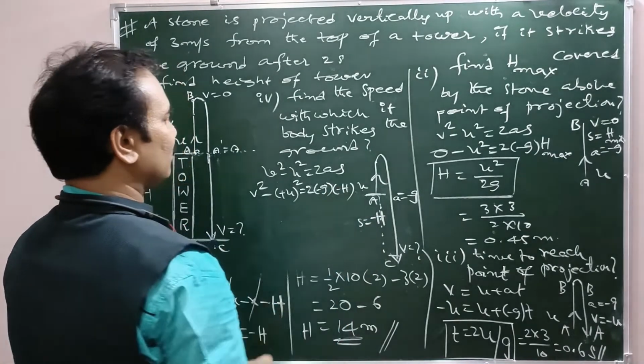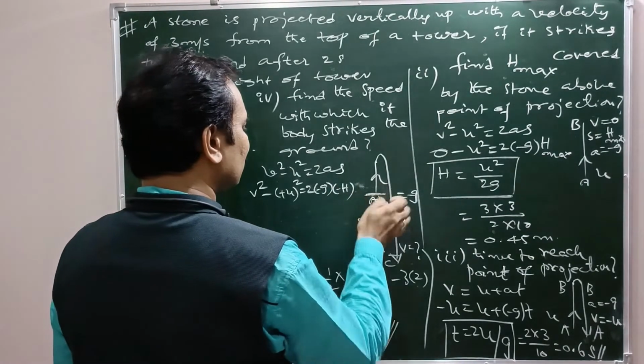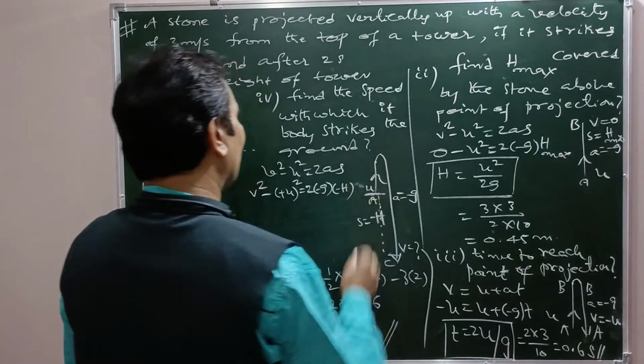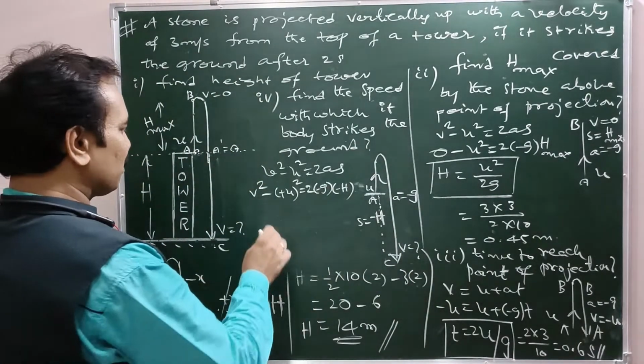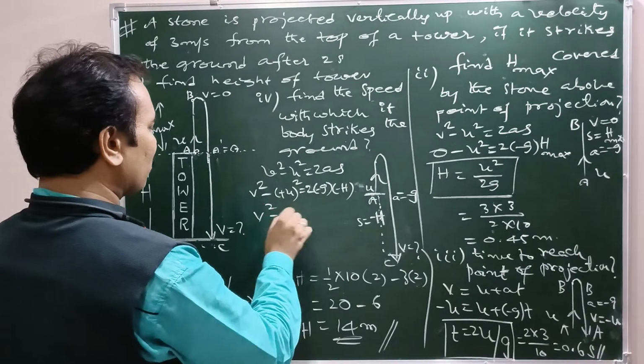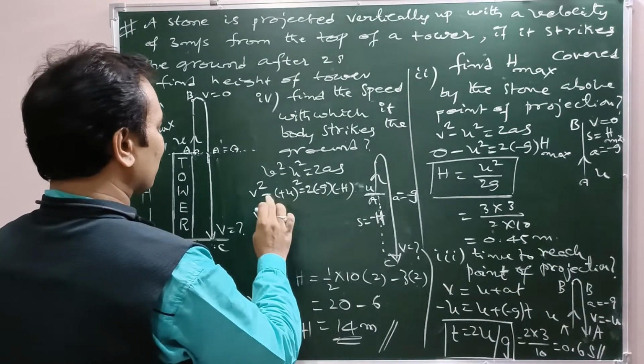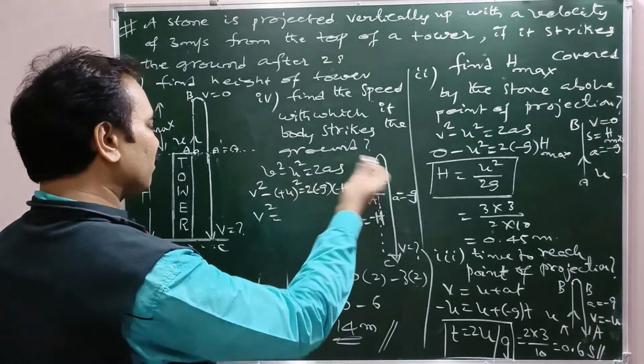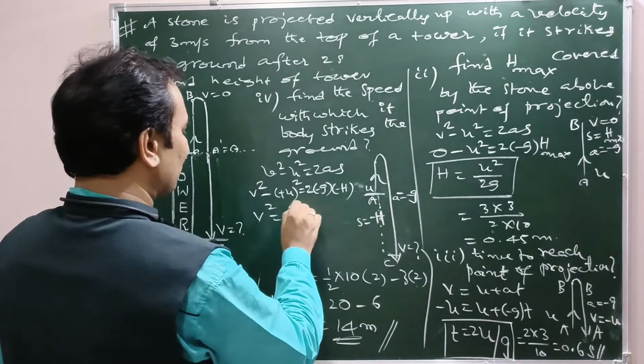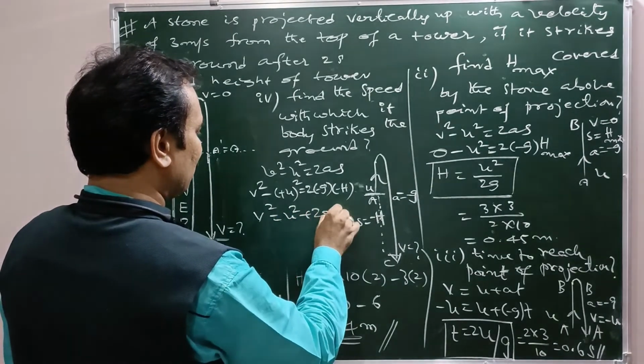Minus minus is plus. So v square equal to 2gh plus u square, that is u square plus 2gh.